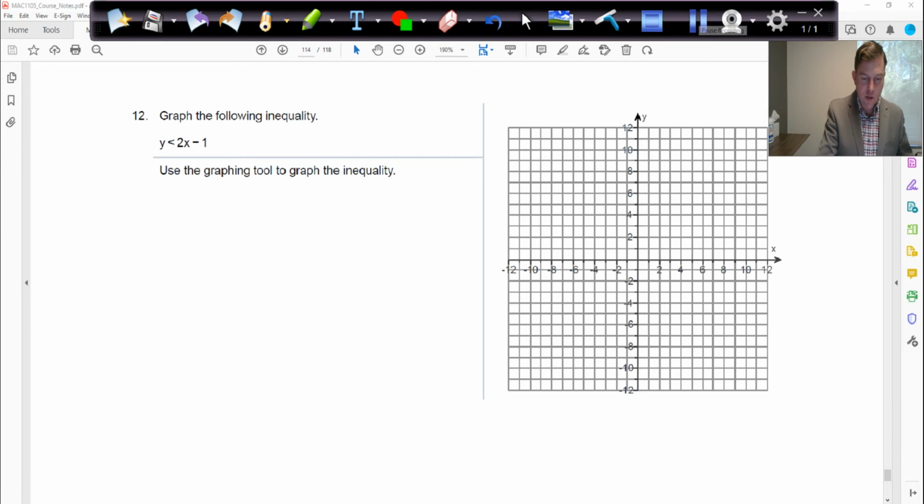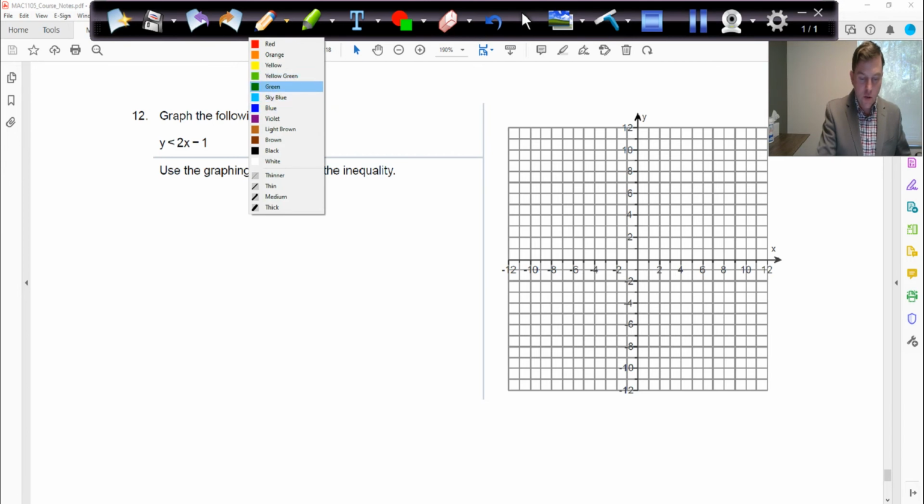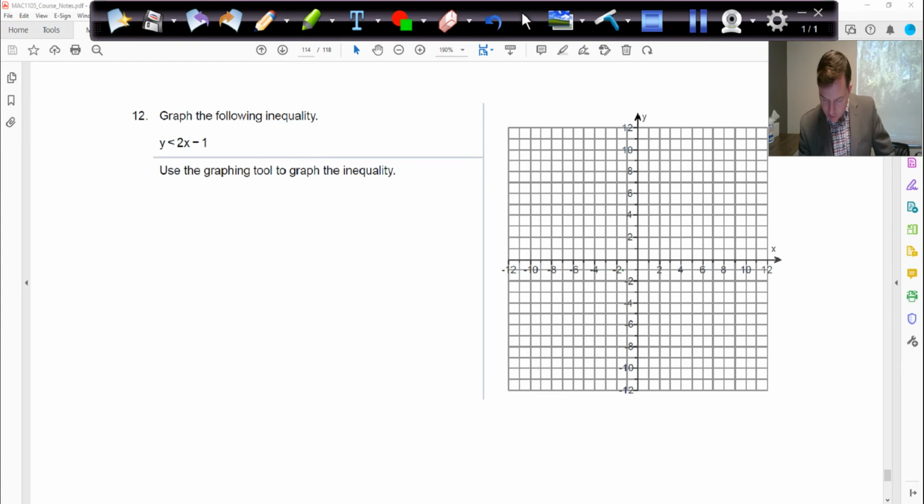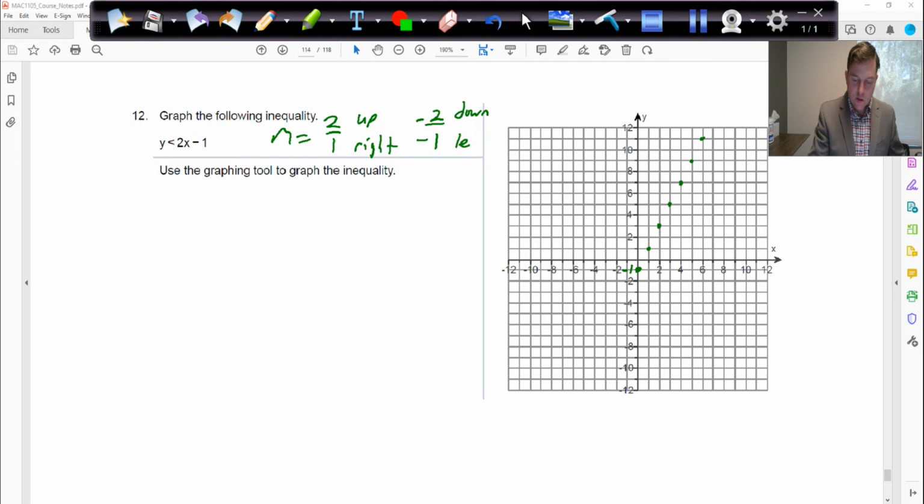Okay, 12 is very similar. In fact, it's already in slope-intercept form. So we know we start at -1 in the y-axis. And the slope is 2 over 1, which would be 2 up, 1 right. So 2 up, 1 right. Or -2 and -1 would work, which would be down and left. So we could go 2 down, 1 left.